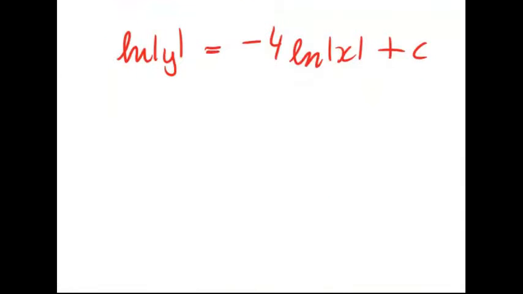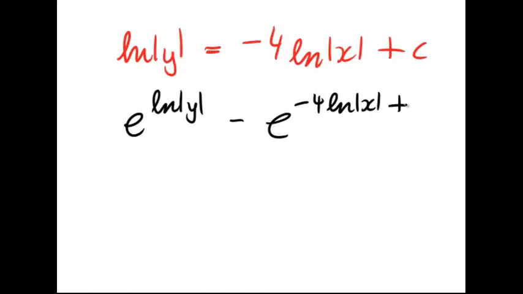So we can raise both sides as powers of e, which gives e to the ln modulus of y equals e to the negative 4 ln modulus x plus c. Because e and ln are inverses, that will just become modulus of y. In this case, though, we need to do a bit of simplification first.